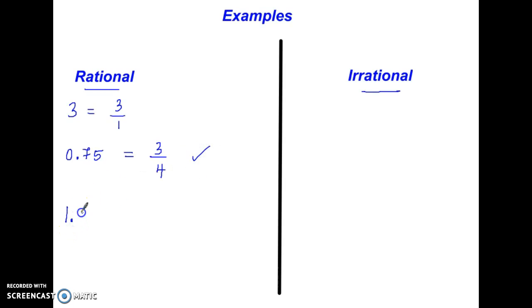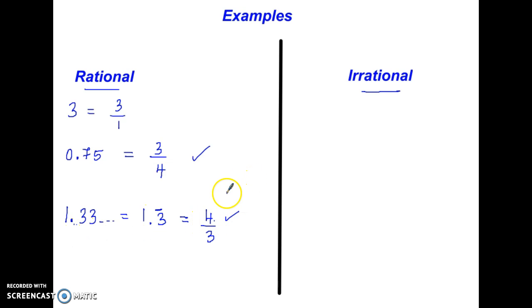Another one, let's say 1.33 and 3 repeats, or 1.3 bar. So this is also a rational number. We know this is 4 divided by 3. So since I could express this decimal as a fraction like that, it was also a rational number. 1.33 is also a rational number.